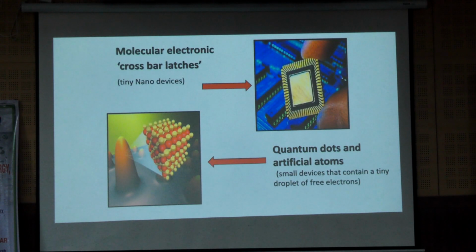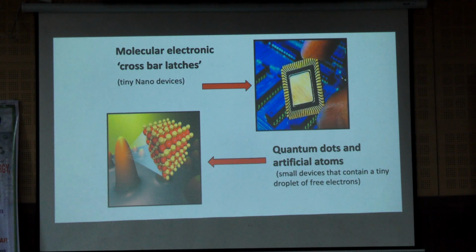And in the future, we are expecting a computer that is based on quantum phenomena, quantum computing. So for that, we have to make very tiny devices with high performance, and that can be fulfilled by quantum dots.